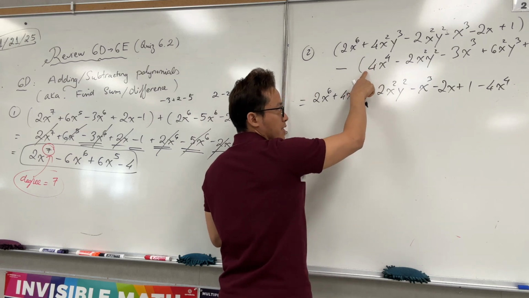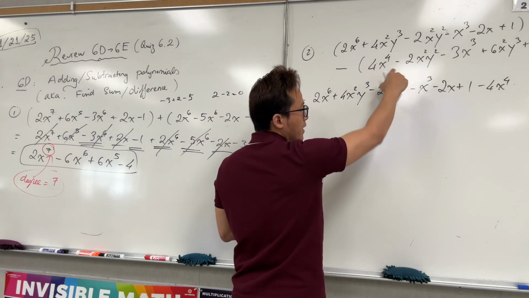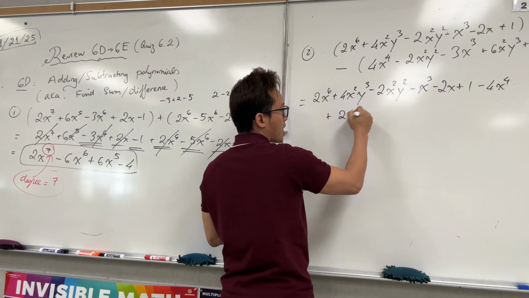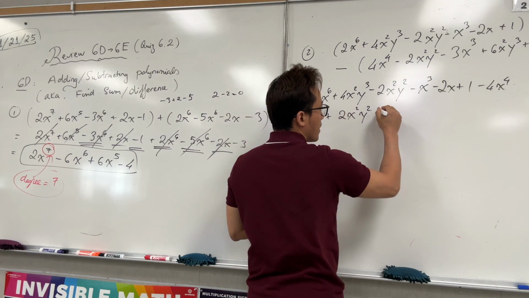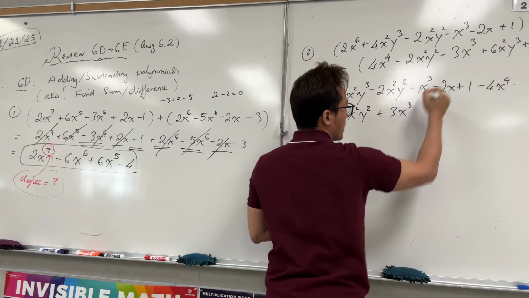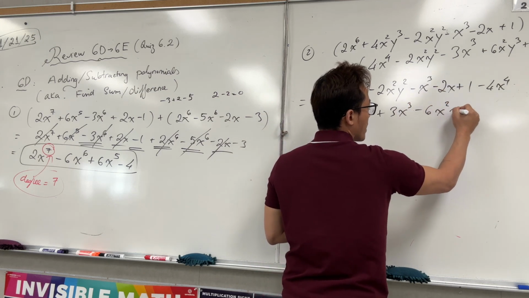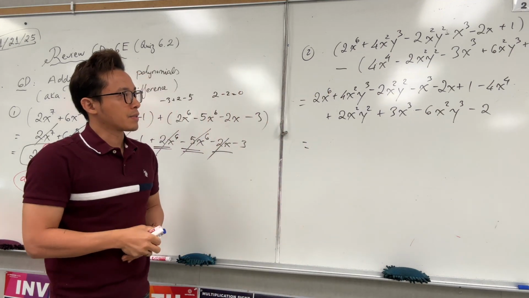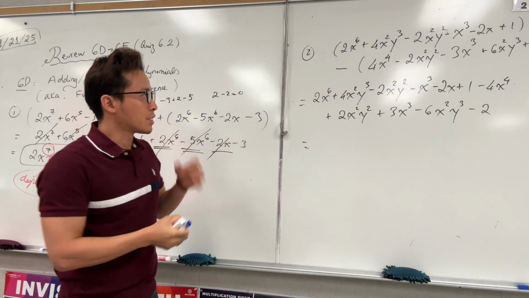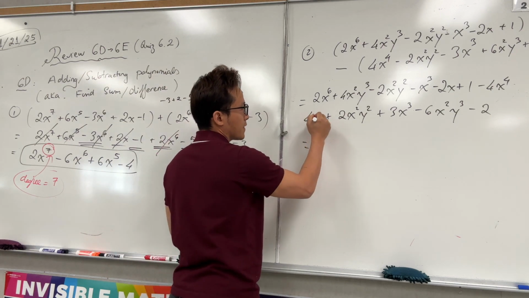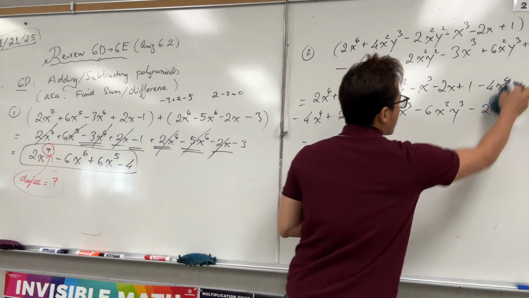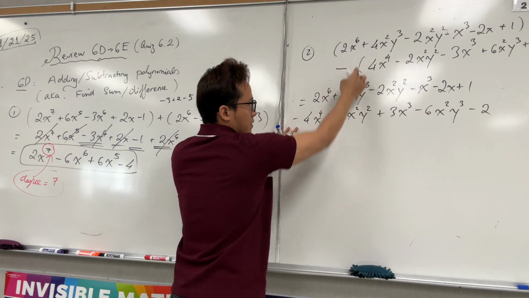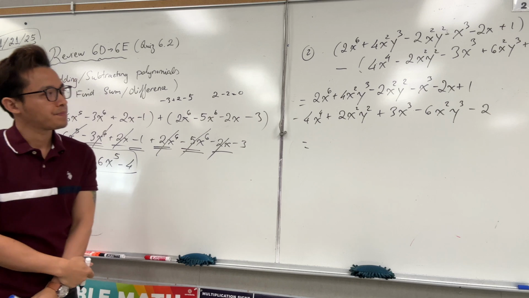I change the positive 4x^4 to negative 4x^4, and then negative 2x squared y squared becomes positive 2x squared y squared, plus 3x cubed minus 6x squared y cubed minus 2. Okay? So I just changed all the signs of the second parenthesis. Right? Let me put it over here to correspond to the first one.